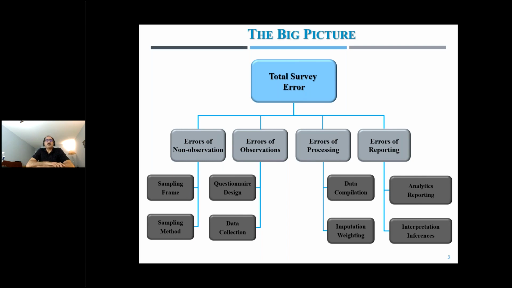We need to be paying attention to all sources of error, those that come from the sampling side, the data collection side, the processing side, and those that come from analysis and reporting. Otherwise, we will end up with weak links that can undermine the integrity of the entire survey. So this presentation is mostly focused on sampling, but it is important to recognize that there are other sources of error that we need to be aware of.